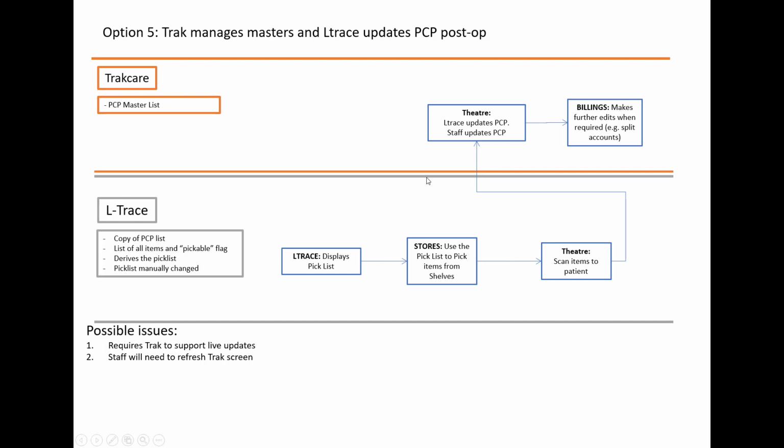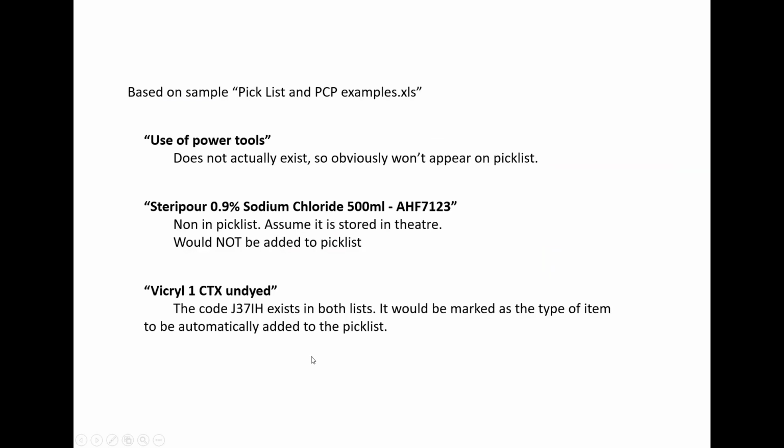So a couple of technical issues, and we need to be talking to Track about it to find out if this is possible. Now, to basically show you how this sort of flows through, I went back to the Excel spreadsheet that you provided as a sample, and hopefully this will explain things. So up towards the top on the PCP, you've got a fee for use of power tools. Now, this is obviously a non-physical item, and so it's just a fee. So it's something that won't appear on the pick list.